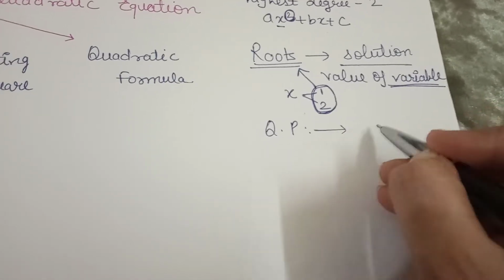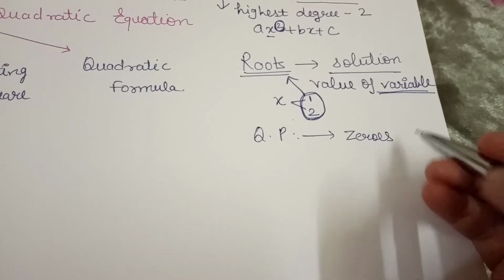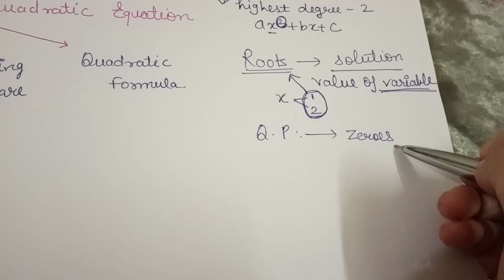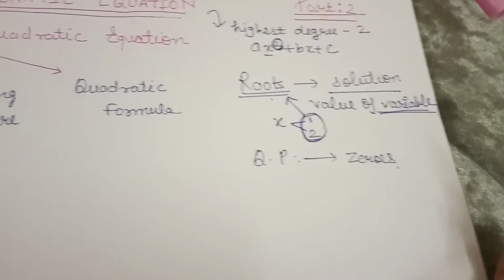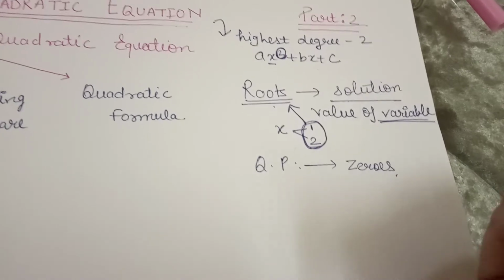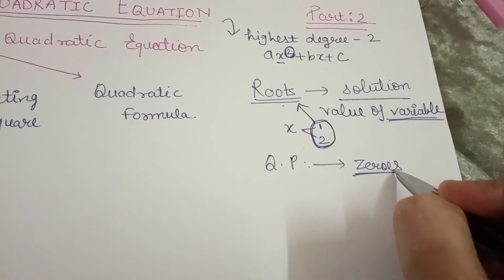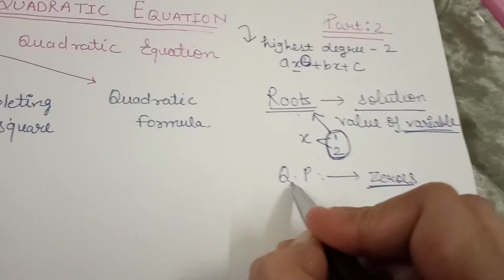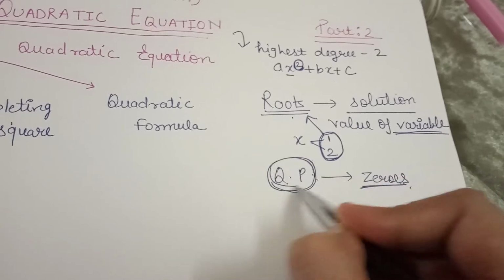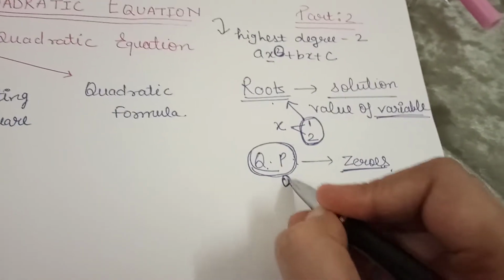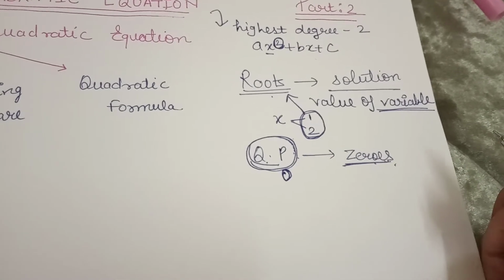Zeros of quadratic polynomial and roots of quadratic equation are both the same, only the names are different. And why are these names different? Because zeros are the values of the variable which, when we put in this quadratic polynomial, make the value of the polynomial equal to 0. That's why these values are called zeros of quadratic polynomial.